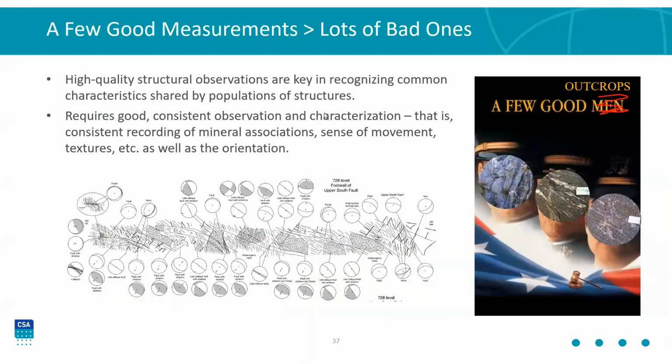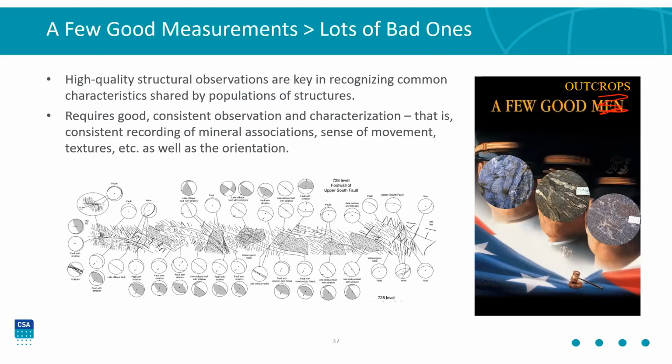Another easy one is that a few good measurements are much more valuable than lots and lots of bad measurements, okay? And it only takes a few high quality structural observations to recognize common characteristics, and sometimes you only need a few good outcrops where you might just be able to observe important relationships.